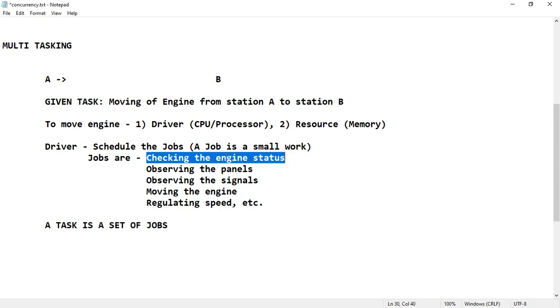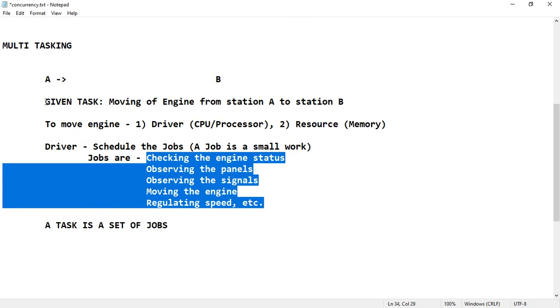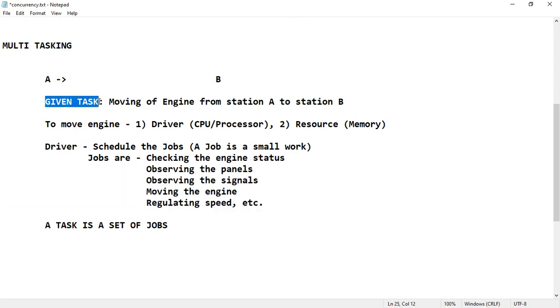Like that, in rounds, the execution will go on. This is called round robin scheduling. Like that the CPU will perform the job execution. Once all these jobs are executed, the given task will be executed.